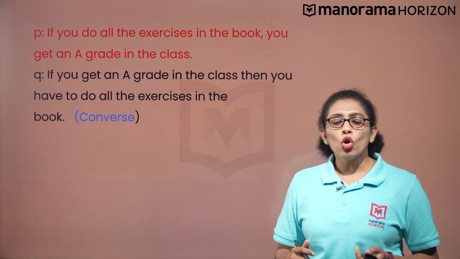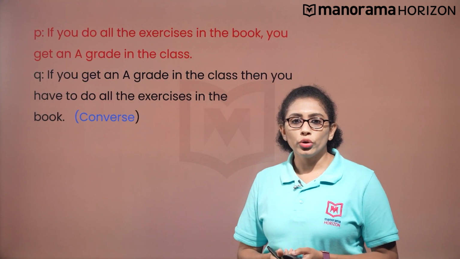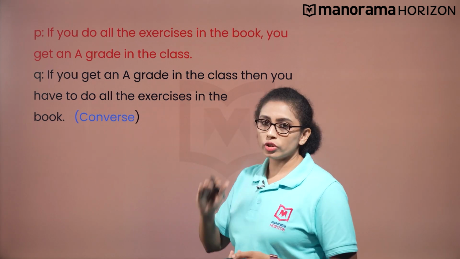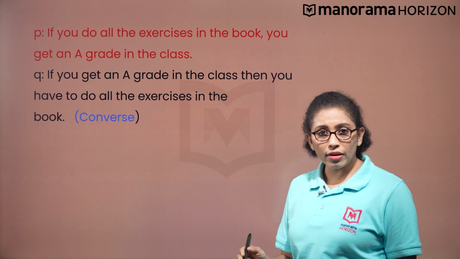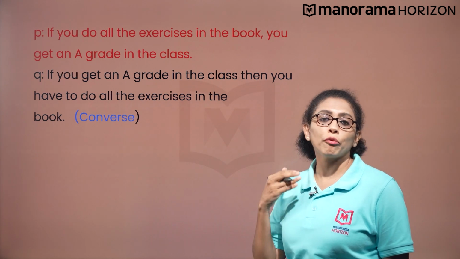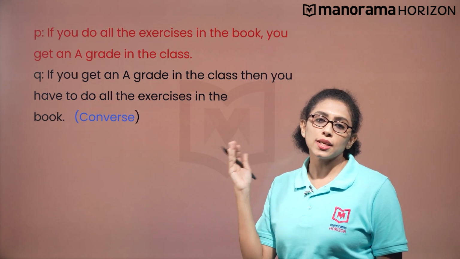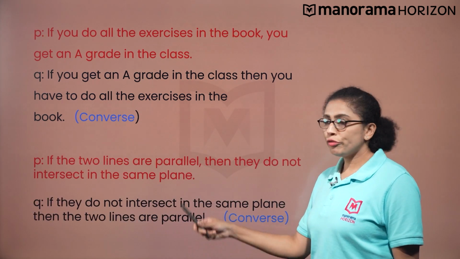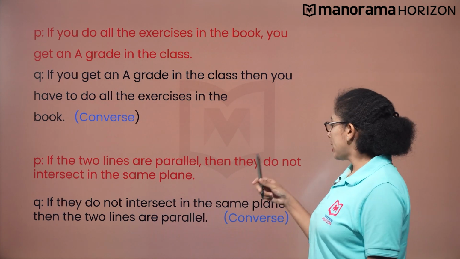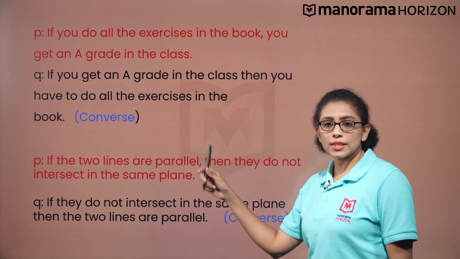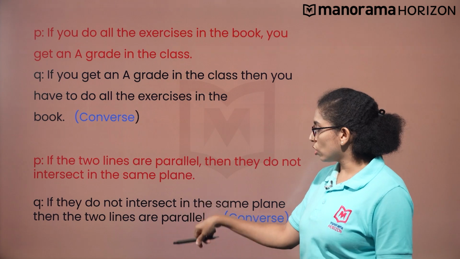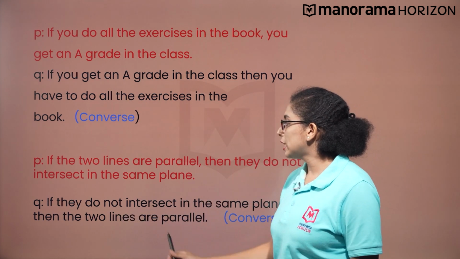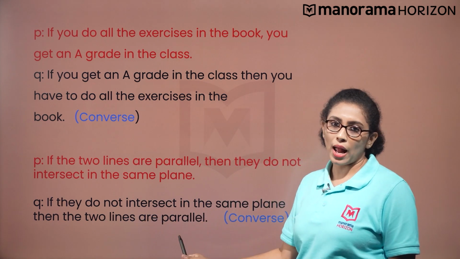If you do all the exercises in the book, you get an A grade in the class. What will be the converse? If you get an A grade in the class, then you have done all the exercises in the book. Alright? And the example: if two lines are parallel, then they do not intersect in the same plane. Now what will be the converse? If they do not intersect in the same plane, then the two lines are parallel.